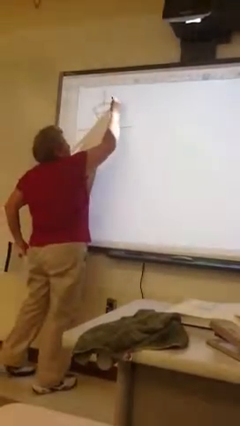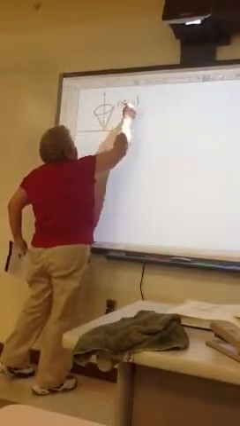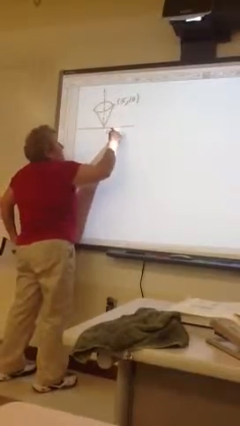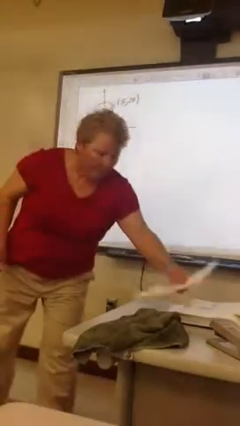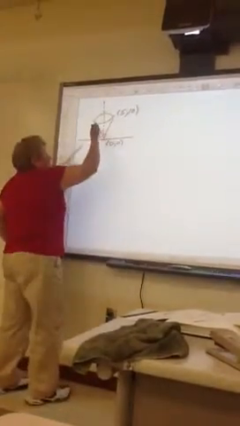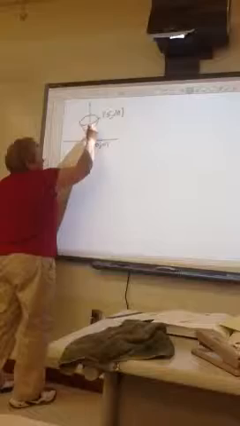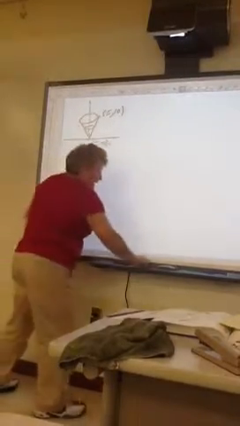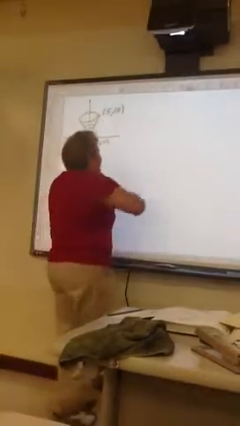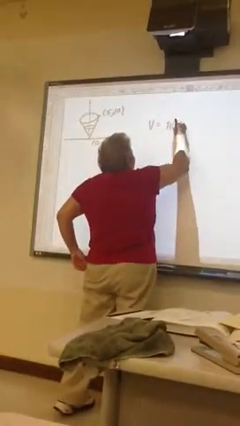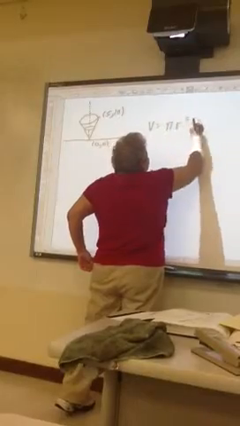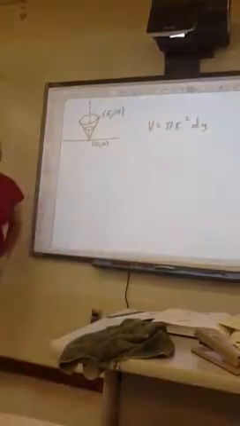The shape goes out to 5, 10, starting at 0, 0. Just like the last problem, I'm going to take a typical slice, and when I cut and I look, it's a circle, so I've got that same basic setup of pi r squared times my little dy thickness.